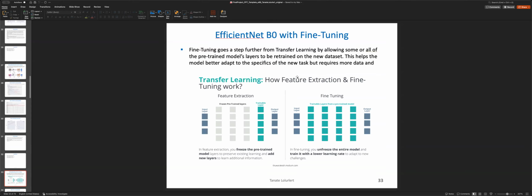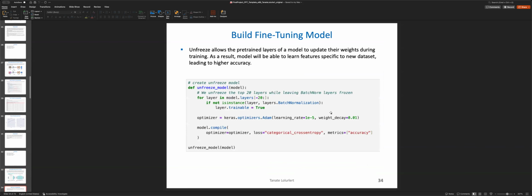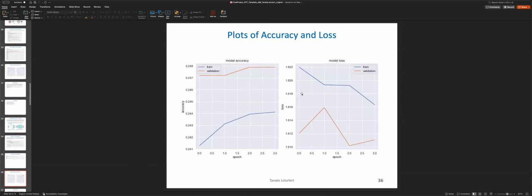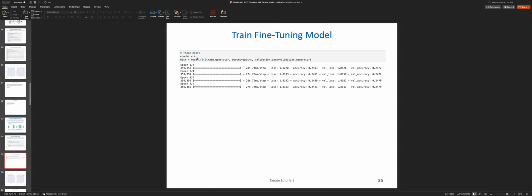Next is fine-tuning. In fine-tuning, we unfreeze the trainable layers so we can train for our specific problem. So I unfreeze the last 20 layers. I train for 4 epochs.